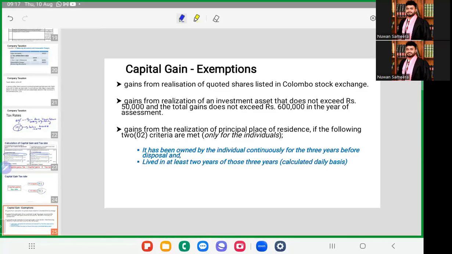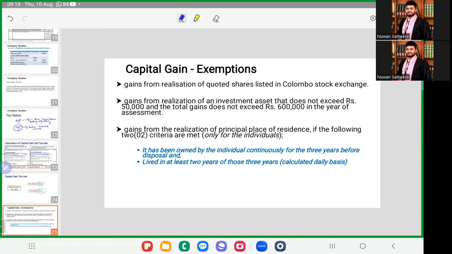So you can know other exempted areas. If any gain from realization of an investment asset does not exceed 50,000, or the aggregate value for a year does not exceed 600,000, it is exempt.